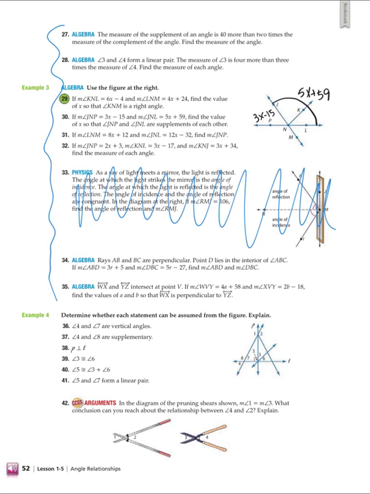In other words, they go together and make a straight line. So what they're telling us to do is add my 3x minus 15 plus my 5x plus 59, and that's going to equal 180 degrees. And I know you can do the algebra on that, so don't shy away from any of these problems.